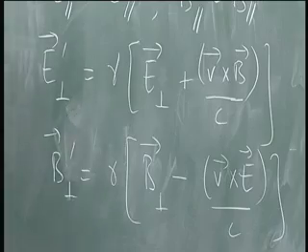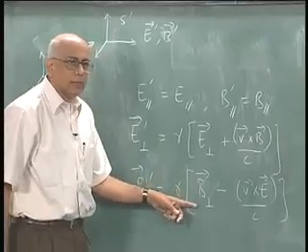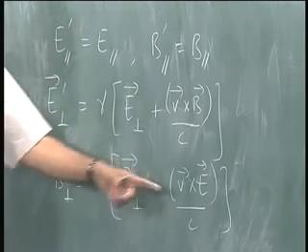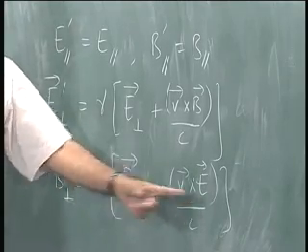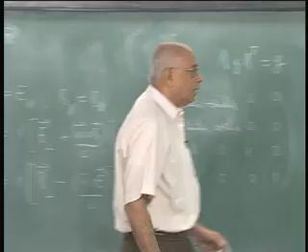So this is what the new magnetic field looks like. It is gamma times the original magnetic field, the transverse component, minus v cross E, and it could as well be E perpendicular here, over c. So this is what comes out from this relation here.